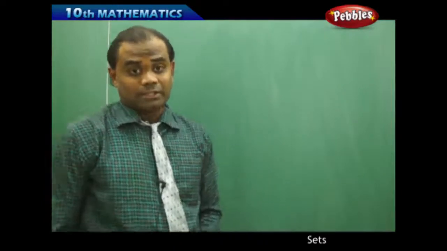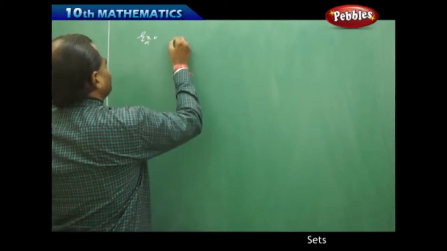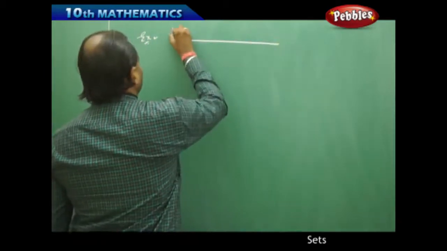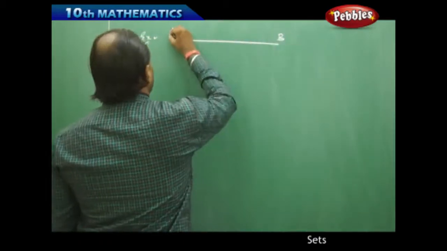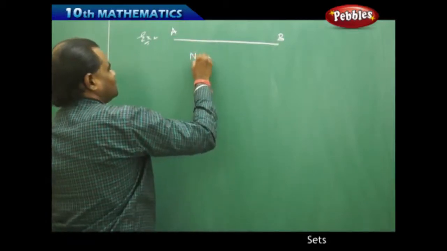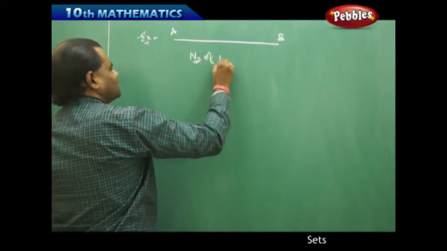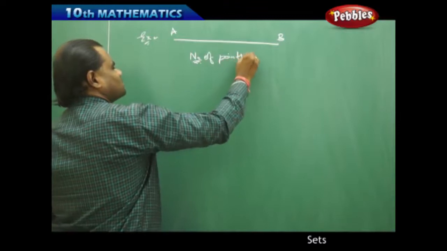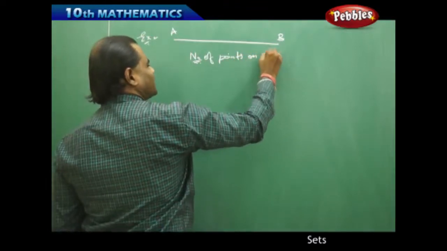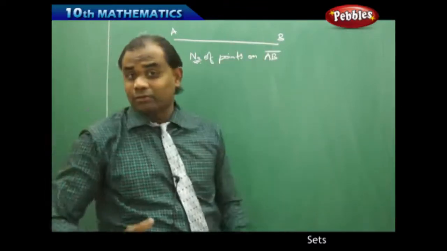So to continue with the session, if I take a straight line A to B, then the number of points on this line AB will also be an infinite set.